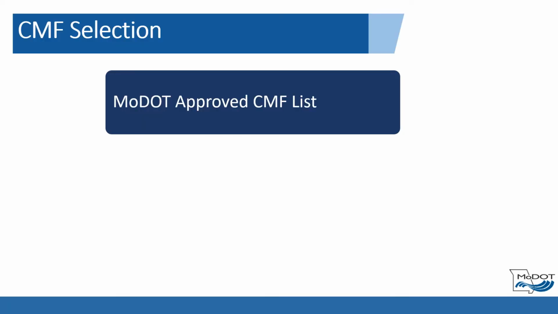Step 1 is to contact the MoDOT Project Core Team and Central Office MoDOT staff for the approved CMF list. MoDOT recognizes this is not an all-inclusive list and that new research on countermeasures is continuously being released.